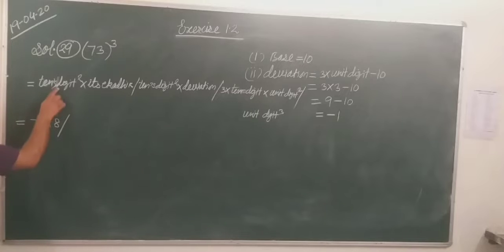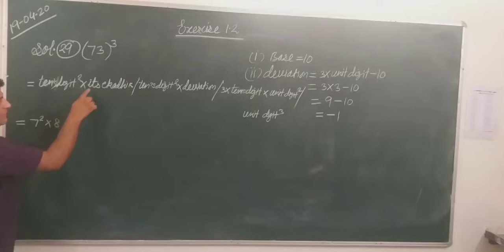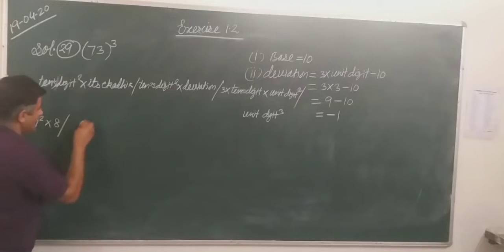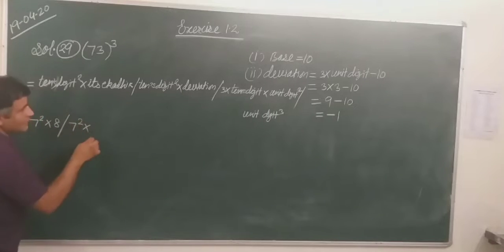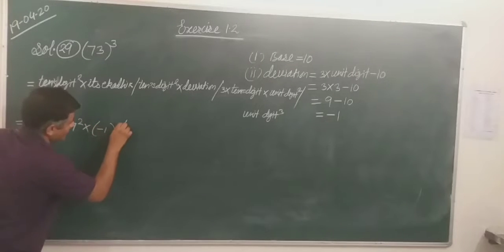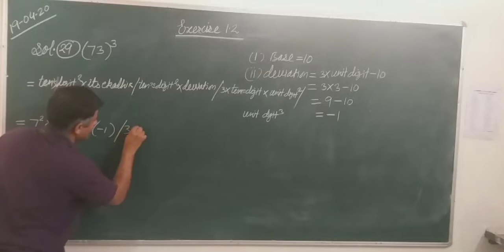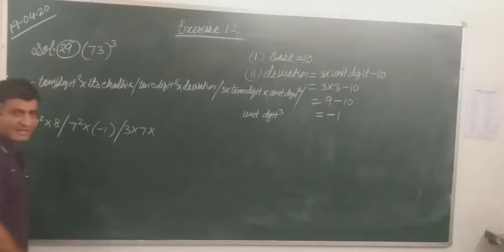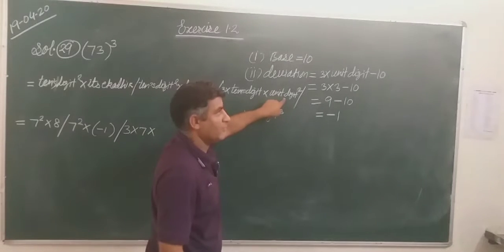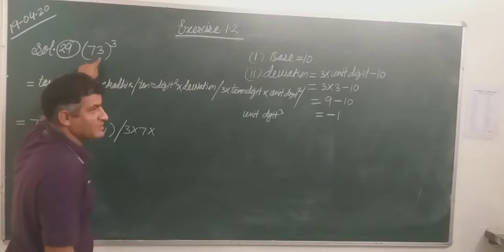So tens digit square is 7 square, into its Ekadikeyan 8. Then again tens digit square into the division. The division we have found is minus 1. Then 3 into the tens digit 7, and into the unit place digit, which is 3.